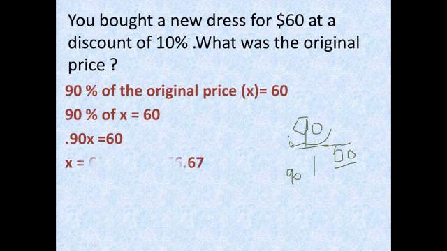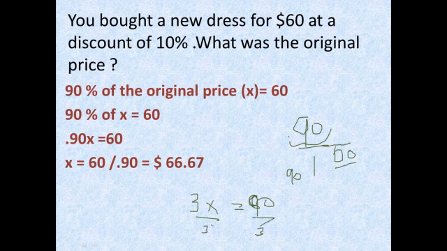So X will be equal to 60 divided by decimal 90. Why do we do this? I'm just giving you an example: if 3x is 90, then to find x, you divide both sides by 3.